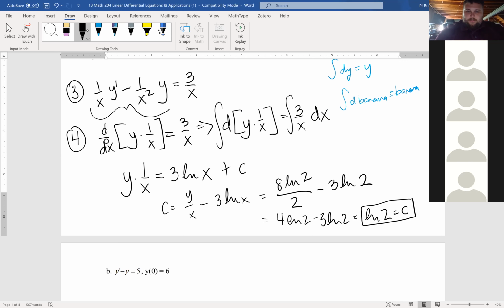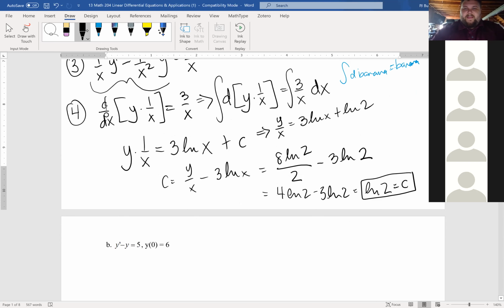Which means if I come back up here now, we could simply just multiply by x on the other side, but let's see what happens if we put these two things together first. This would be the natural log of 2x cubed.